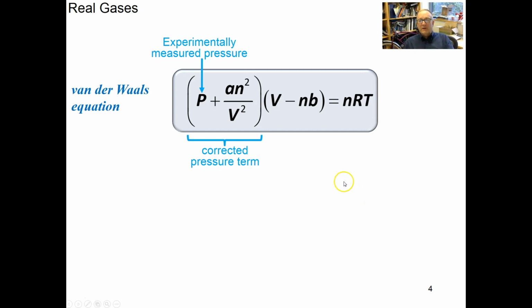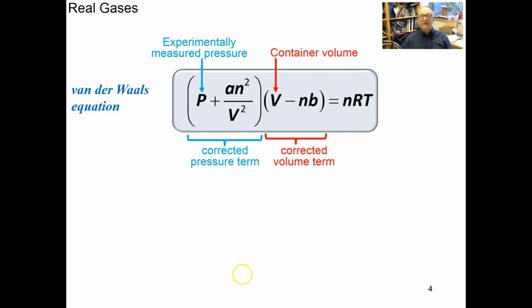The second parenthetical statement, this volume correction term, takes into account the fact that molecules do have some sort of volume associated with them. And so we've got the container volume, and we're subtracting out the volume of the molecules.